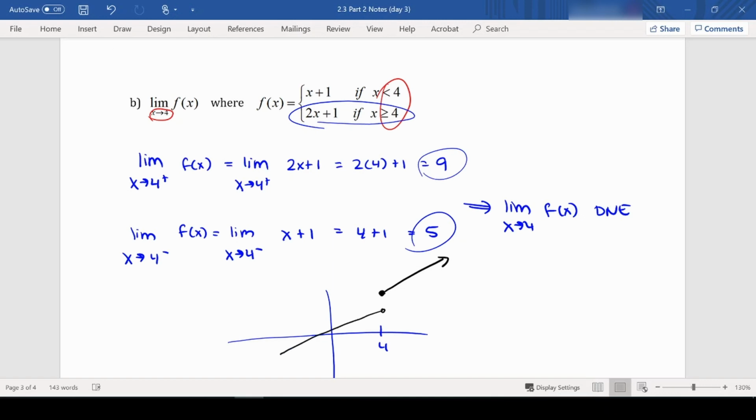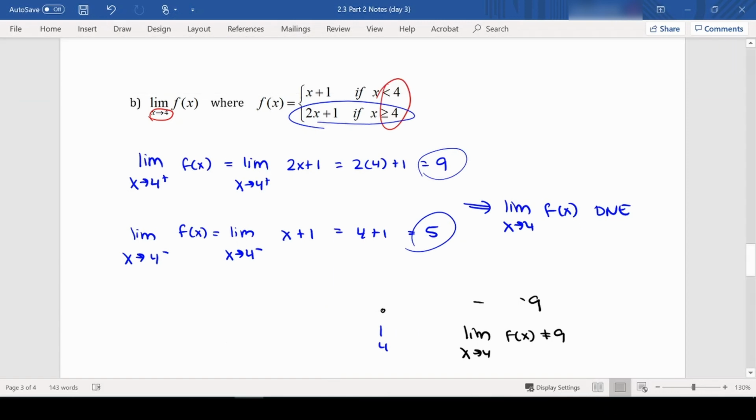Those pieces don't connect. Approaching from the right and the left give us different values. So yes, f of 4 is equal to 9, but the limit as x approaches 4 of f of x does not equal 9. So this is where that distinction between being exactly at that x value and approaching that x value makes a difference.